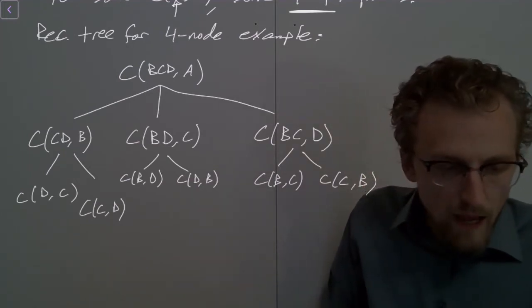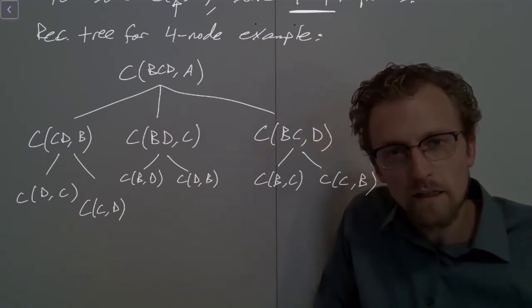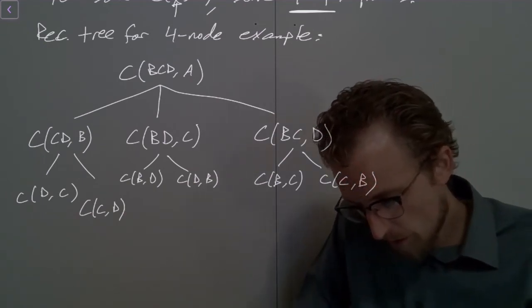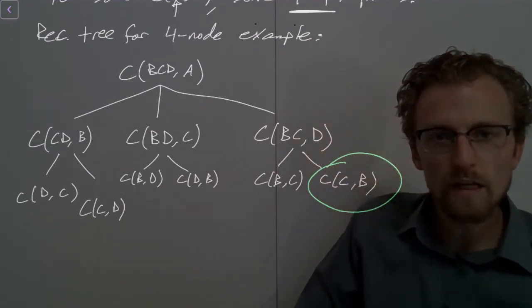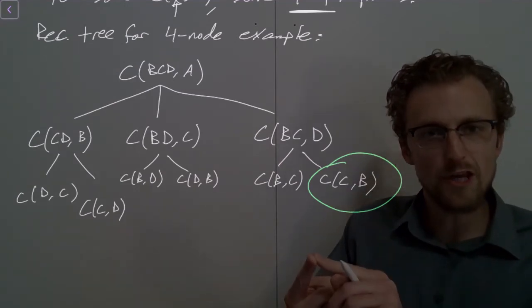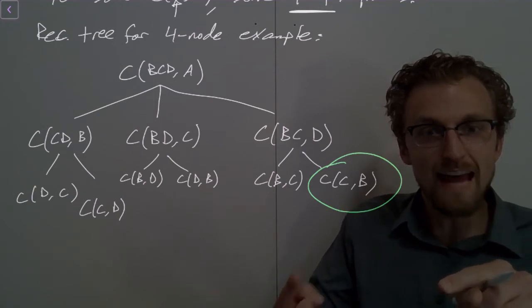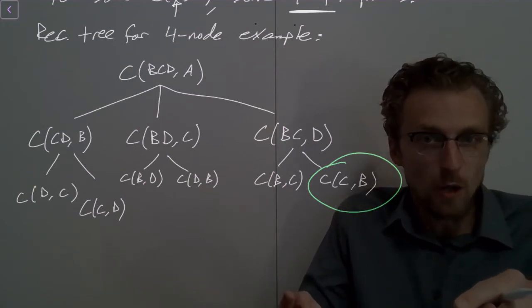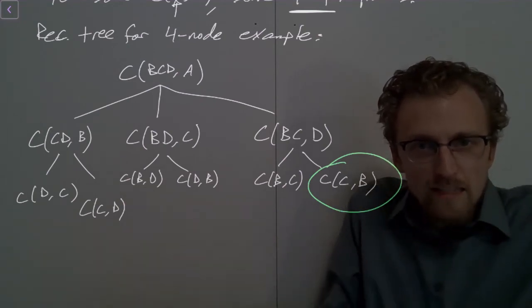And then once we're at these, what do we need to do? Well, notice what we're asking here. Suppose I'm looking at this one. Here I'm saying, what is the optimal cost of a path that starts at A, ends at B, and has exactly one intermediate node, and we'll call that node C? Well, that's a trivial question.